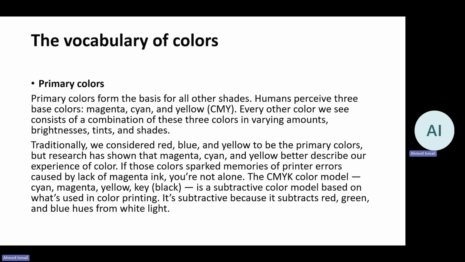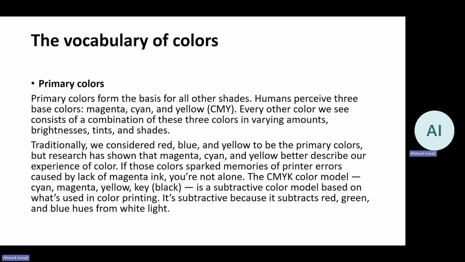Whenever you encounter a design company, a freelancer who wants to hire you, or a client, they will talk with you using these very important definitions and vocabularies that are related to colors. Okay. So the first thing that we would like to know is the primary colors.